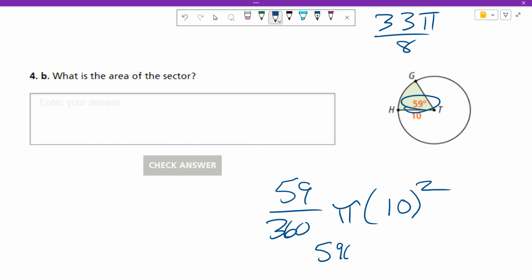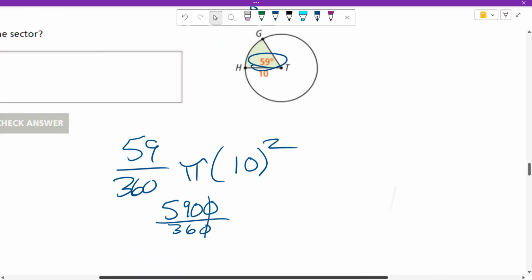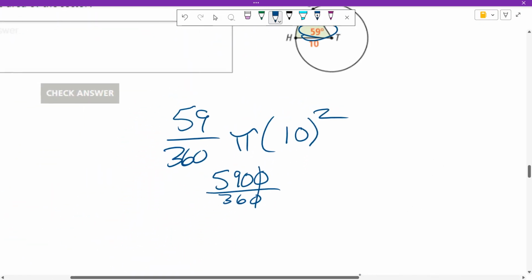So 5,900 over 360, or 590 over 36 pi. Reduce that fraction. What do we get?